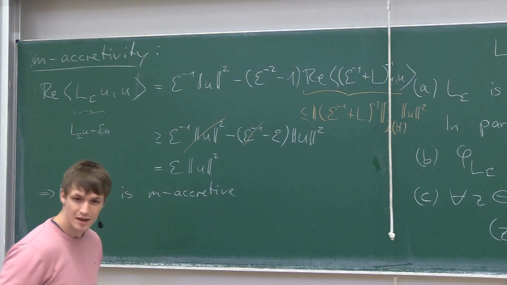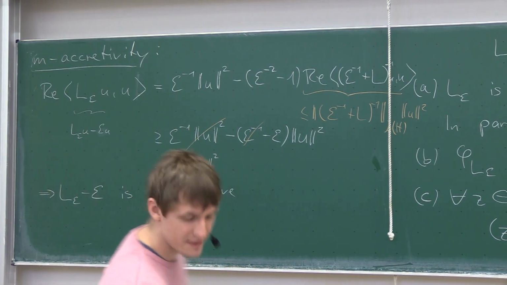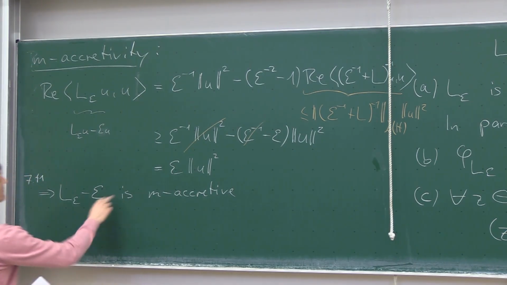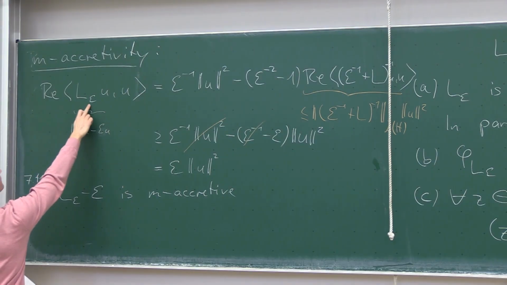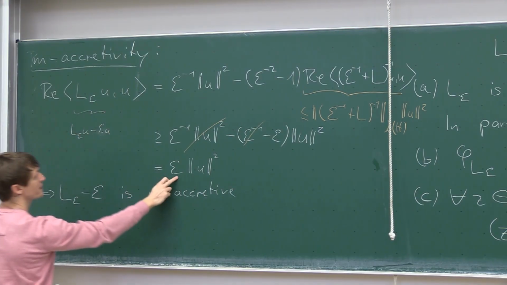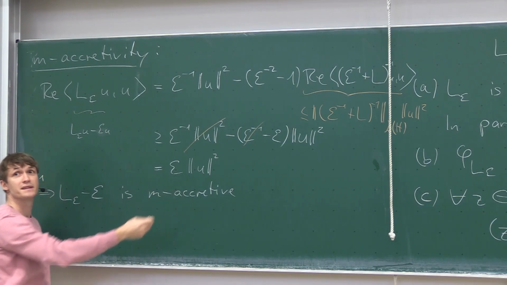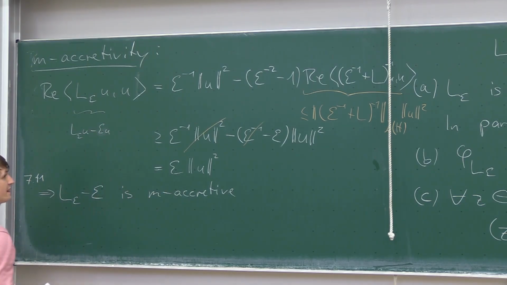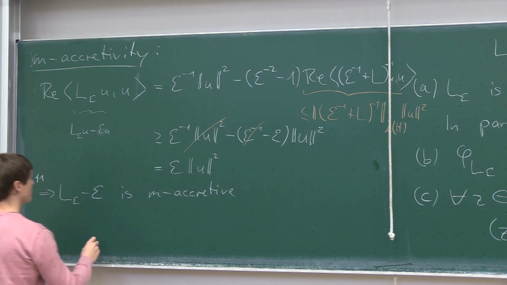This is by Lemma 7.11. Okay, and in particular, because we can bound this from below by some positive quantity, it's also non-negative, and this also means that L epsilon is also m-accretive.